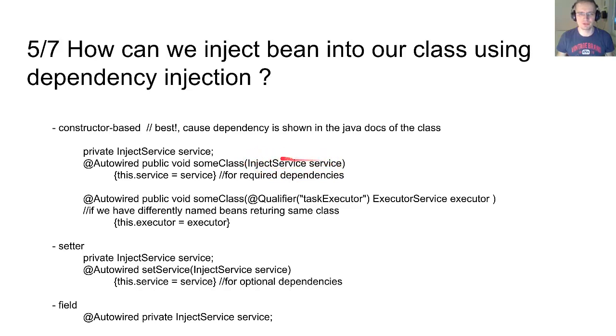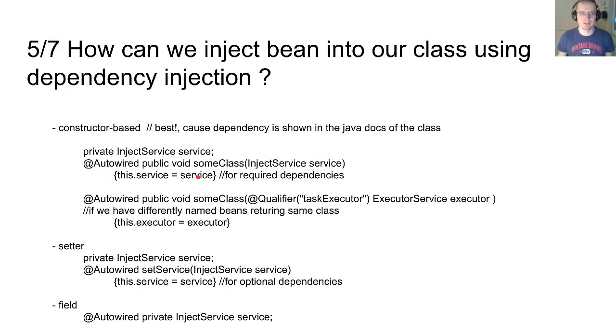If we want to do this, we annotate the constructor with the Autowired annotation, and inside the constructor body we put this service, so this private field will equal the service from the parameter.